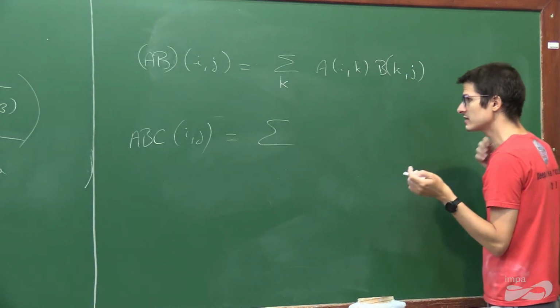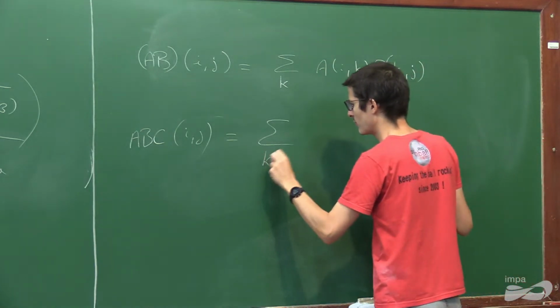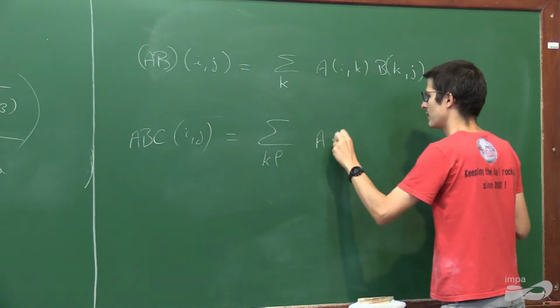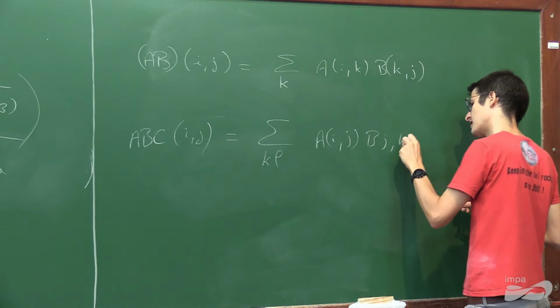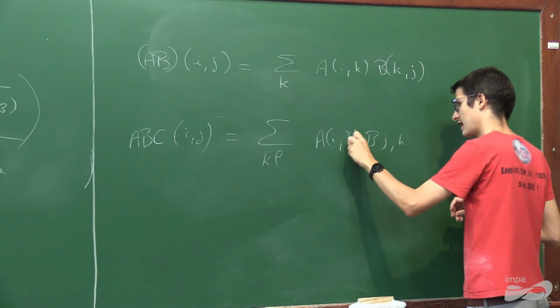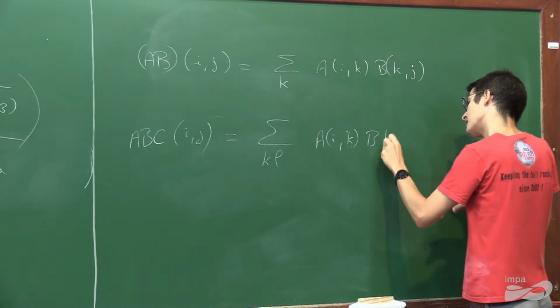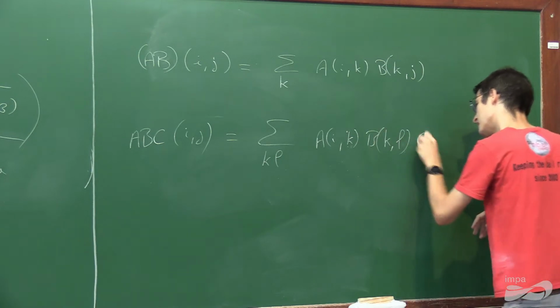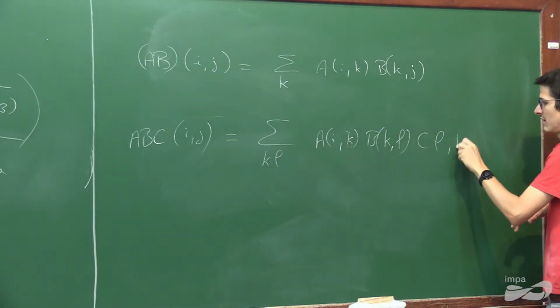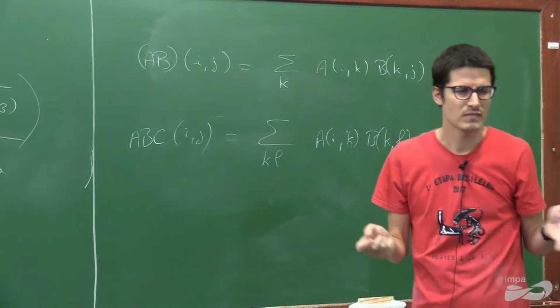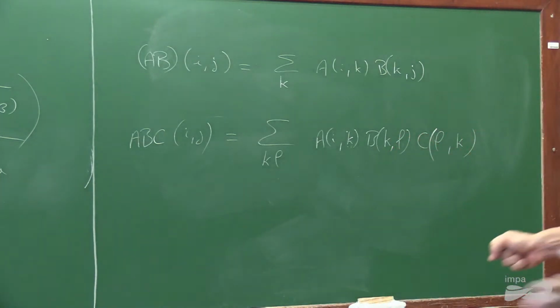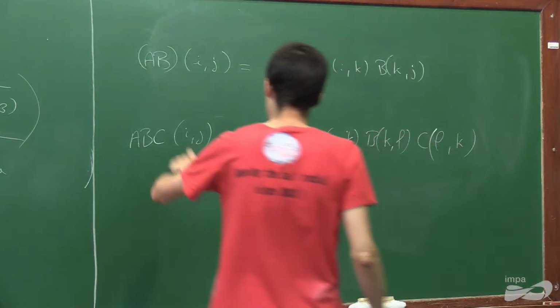If you look at this, this is just the sum over k, l of a i k, b k l, c l j. If you've never seen that, it's something you can do by induction on the number of factors you have in your product.